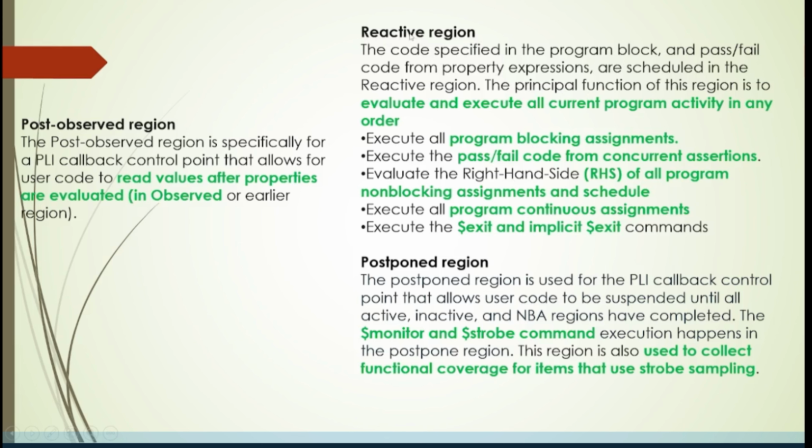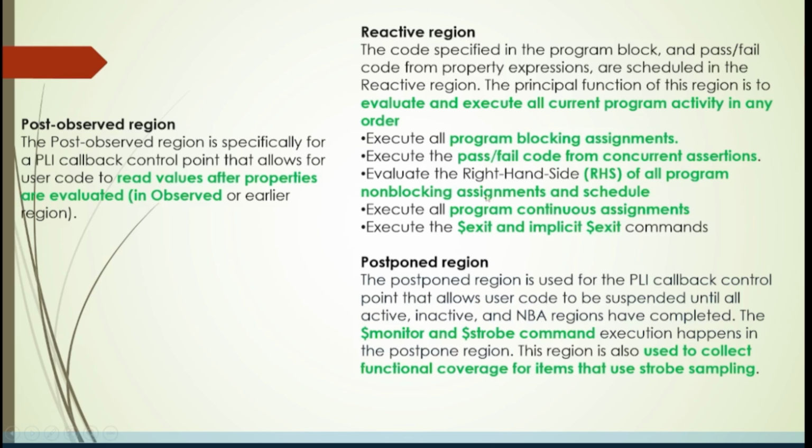So the reactive region is just like the active region, but if you see here, program blocking assignments instead of module blocking assignments. Pass or fail from concurrent assertions, we have already discussed.